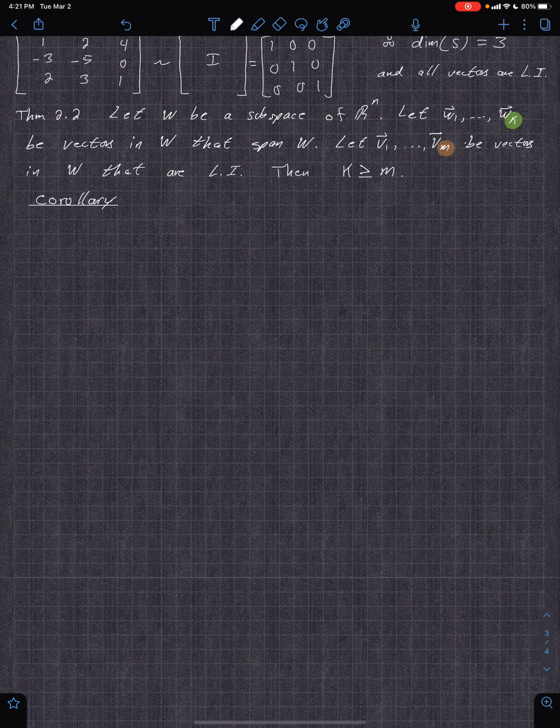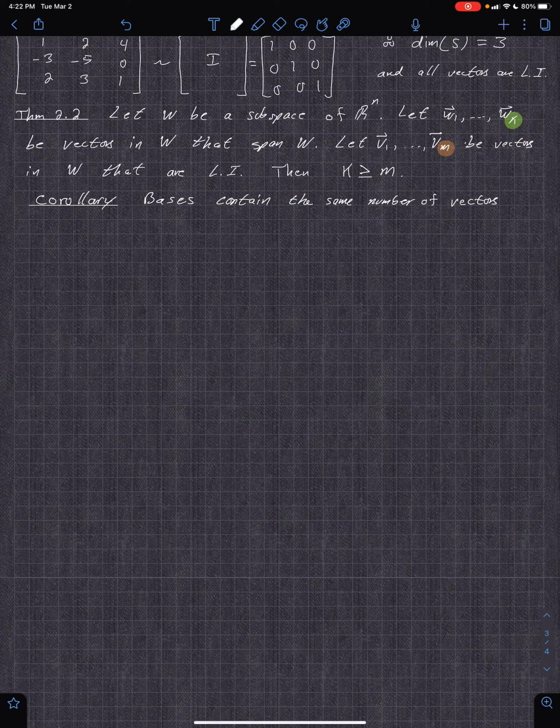So a corollary to that theorem says basically that bases contain the same number of vectors. Okay, so we may be applying that later.